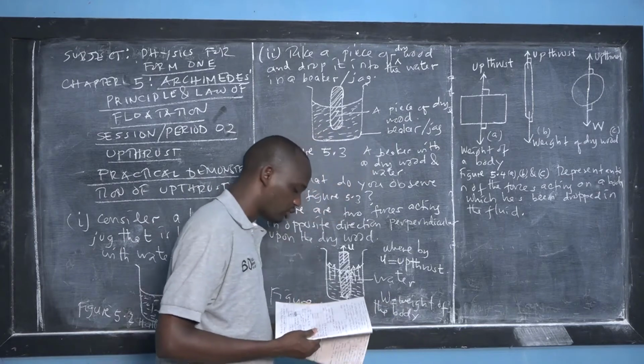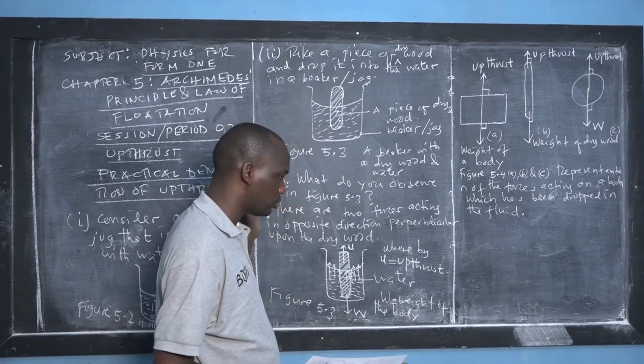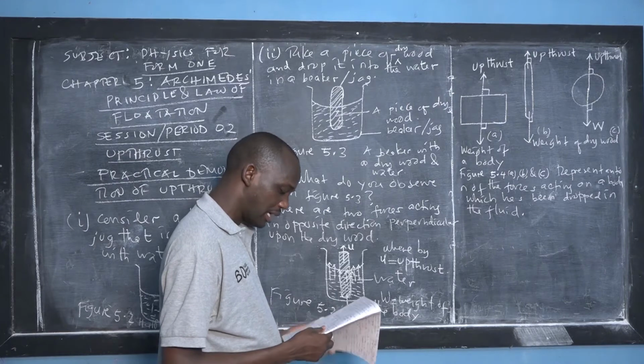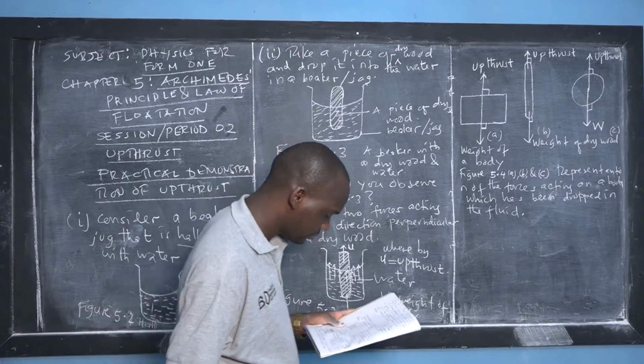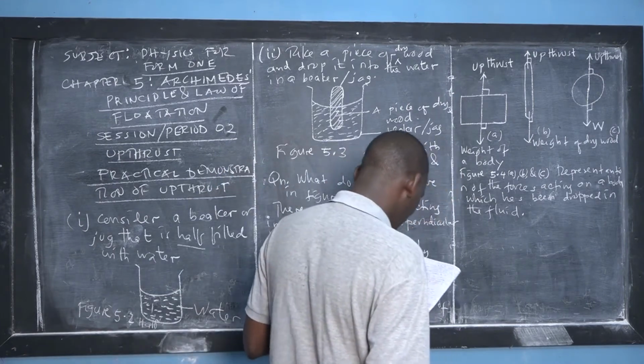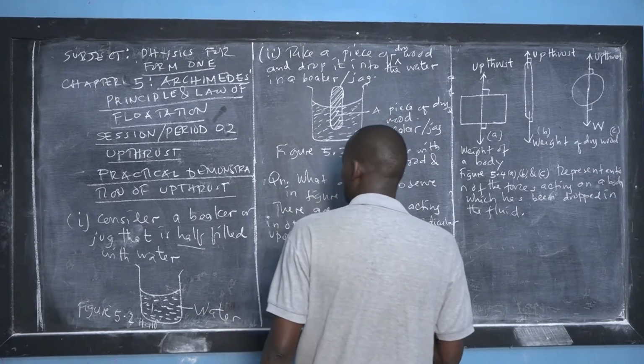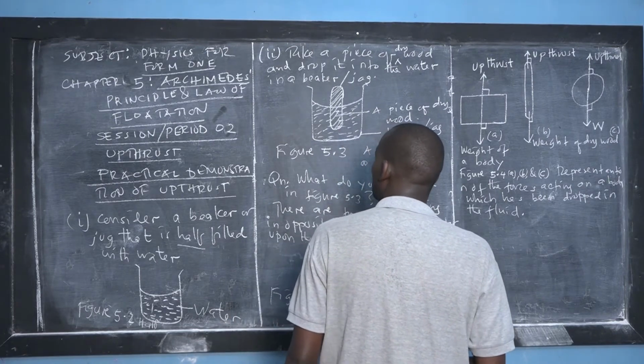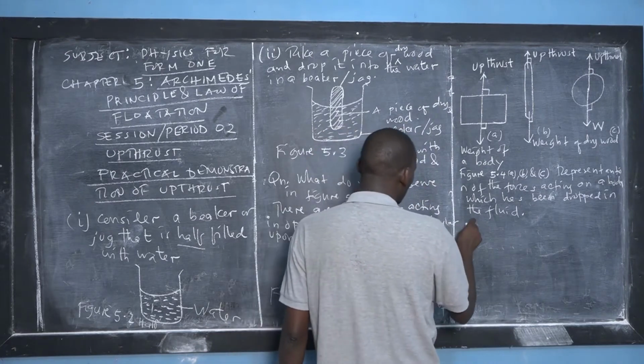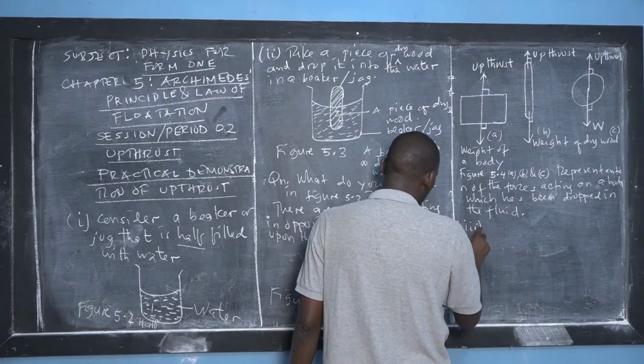Weight of the body is measured by using a spring balance. I think you remember that I taught you in the first chapter. Okay, if you are in the physics lab, then this is number 2, and let us continue with number 3, observation.